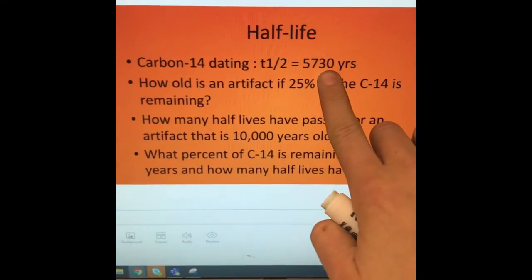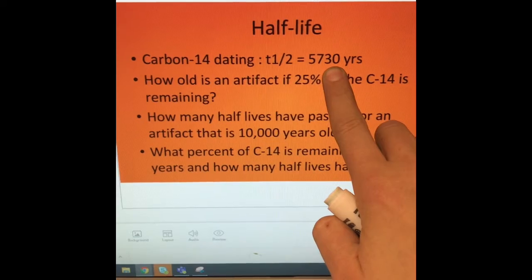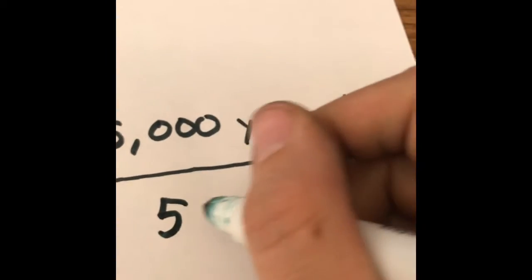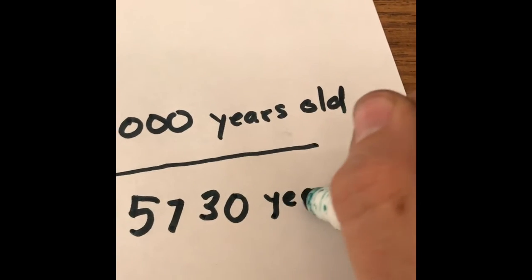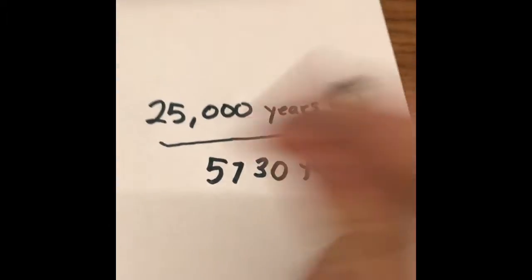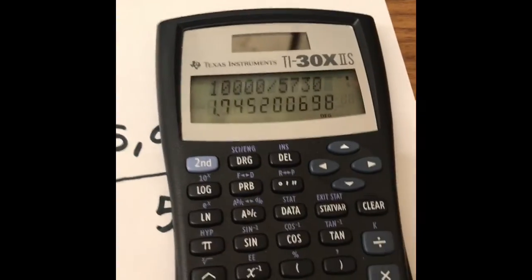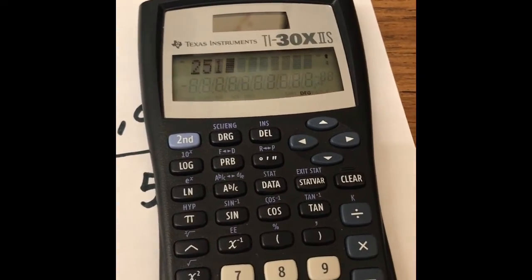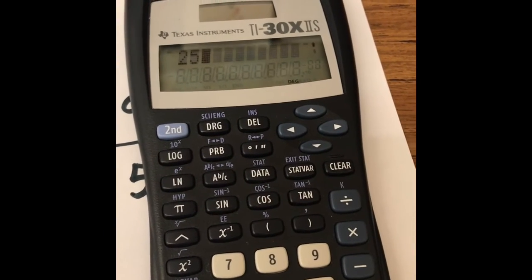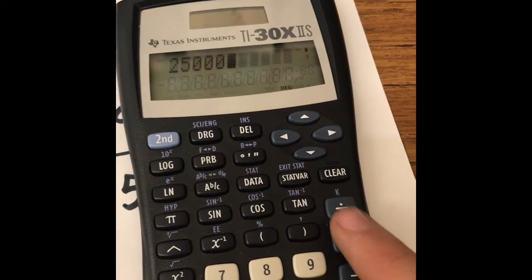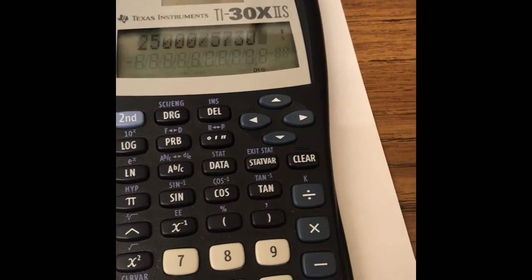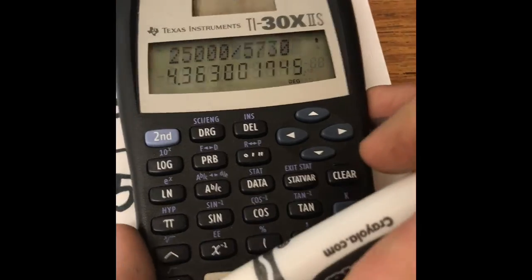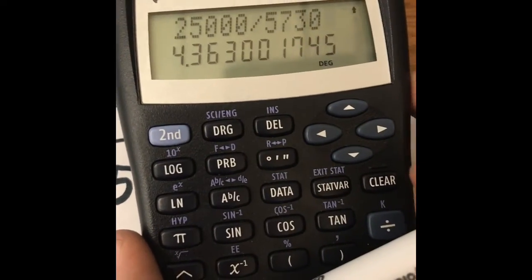One half-life is 5,730 years. So we're going to divide that by 5,730 years to figure out the number of half-lives. So we pull out our calculator, 25,000 divided by 5,730 gives me approximately 4.36 half-lives that have occurred.